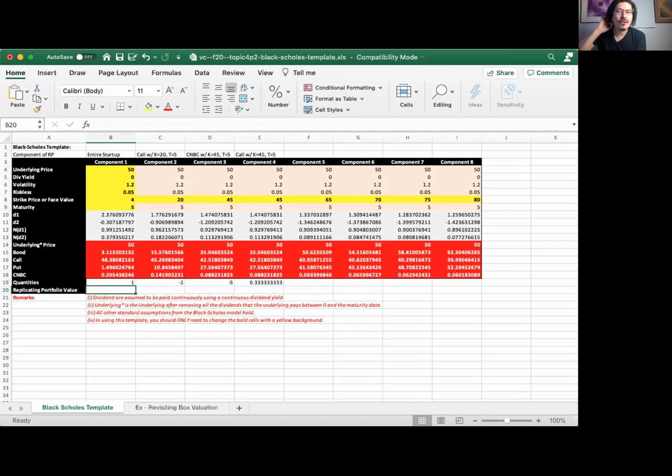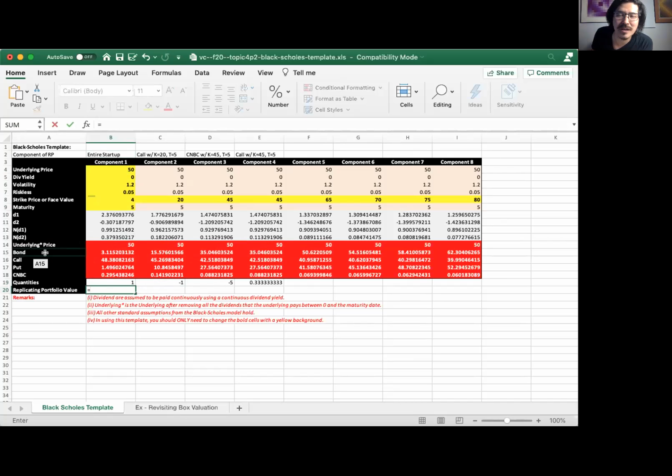Now, we are ready for our final step to get a value of this portfolio. Here's the way you read this. Now, pay close attention to what I'm about to say. We have 1 unit of the entire startup. That means 1 unit of the underlying, the first row in red is the underlying price. The second row is a bond.